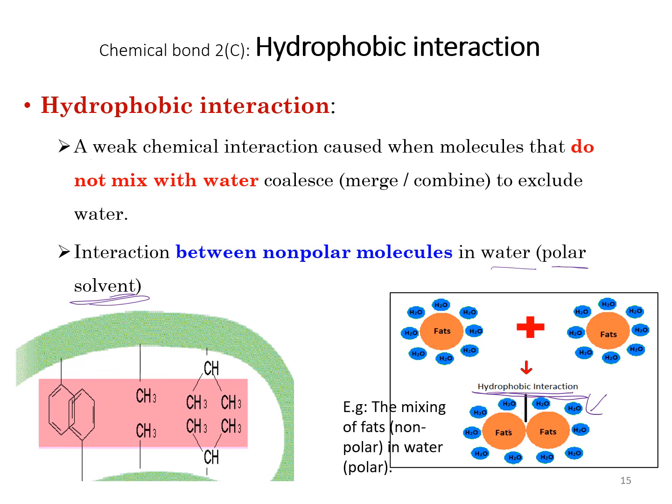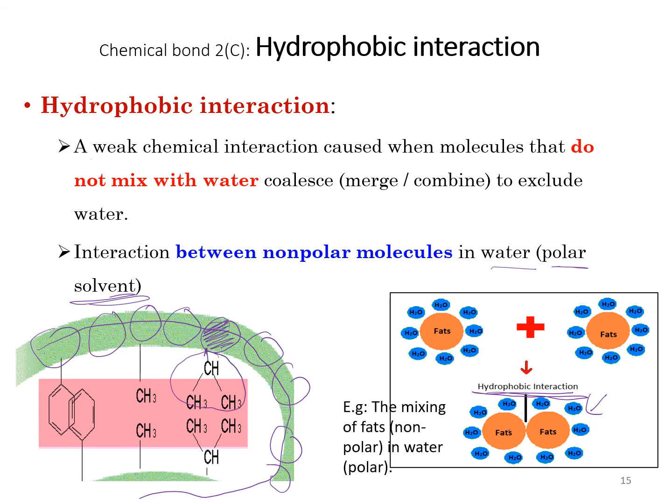In this diagram, it shows you a portion of a protein. As you know, protein is made up of amino acids. Each amino acid will have an R group or side chain. In this case, this amino acid has a hydrophobic region as its side chain, composed of carbon and hydrogen, so it has a non-polar side chain.